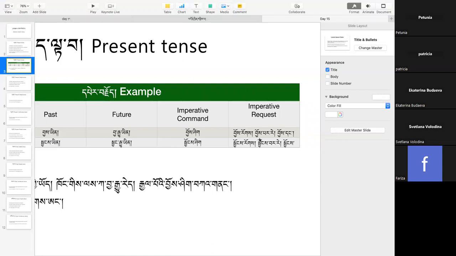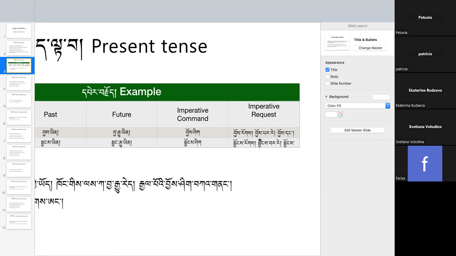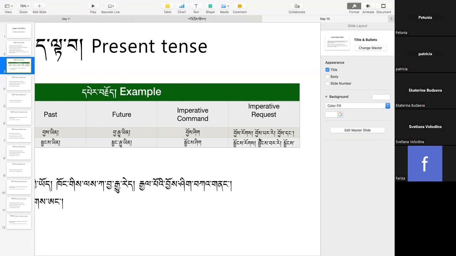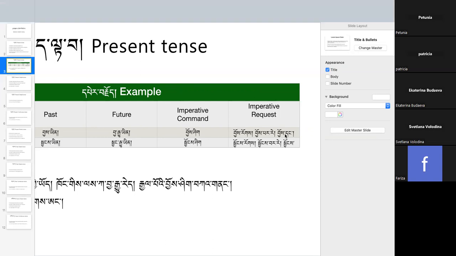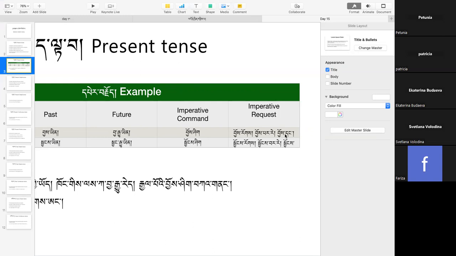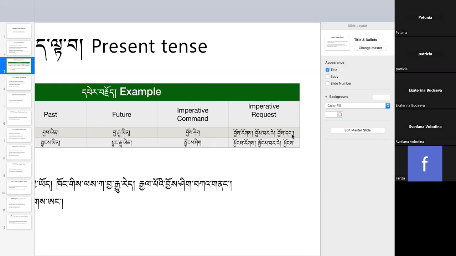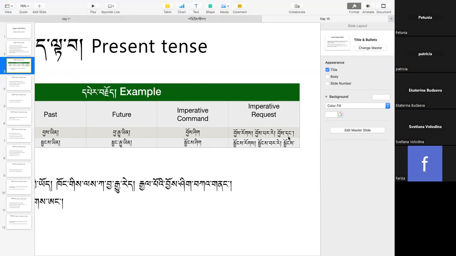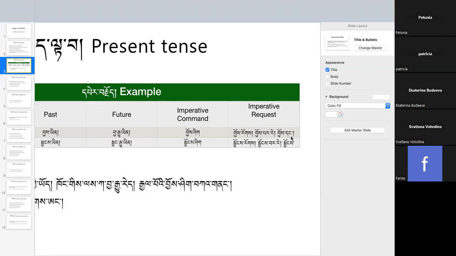So chö shik for command; chö ro, chö par re, and chö tang are the imperative request, in which most of these cases are always advice if it is ending with tang, xue tang, xie tang. So these are advice.